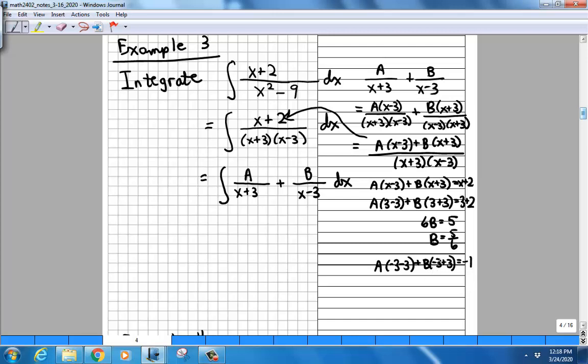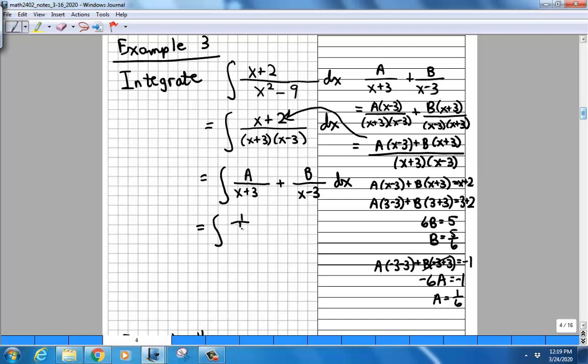So, of course, this term disappears. So you get -6. -3 minus 3 is -6, right? So you get -6 times a is equal to -1, or it looks like a is equal to positive 1/6.